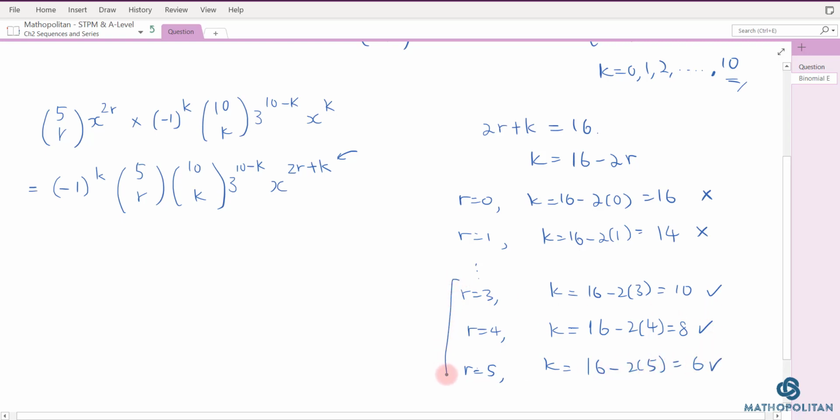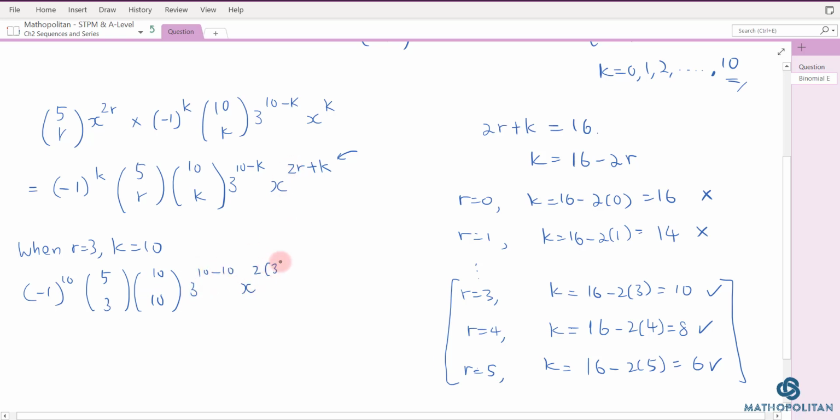So we will need to use these three sets of values and substitute them into this term to find out what is the term in x to the power 16. So when r is equal to 3 and k is equal to 10, this term here will be negative 1 to the power 10, and then we have 5C3, 10C10, that's 1, and then we have 3 to the power of 10 minus 10, and then x to the power of 2 times 3 plus 10, that's 16.